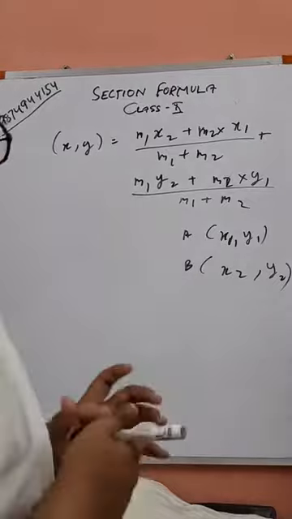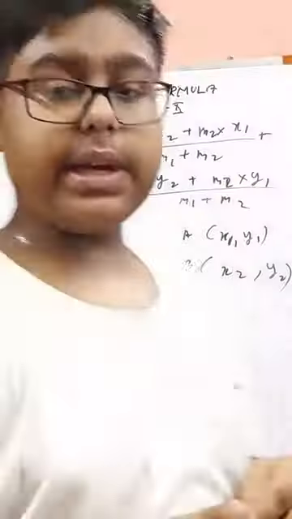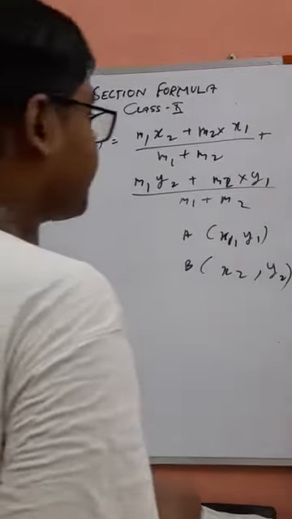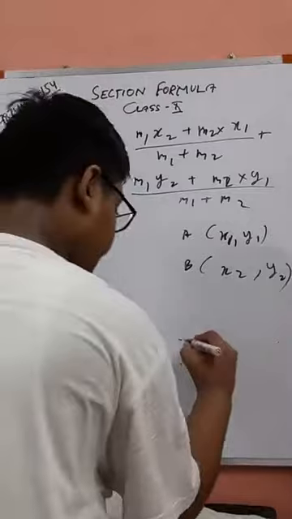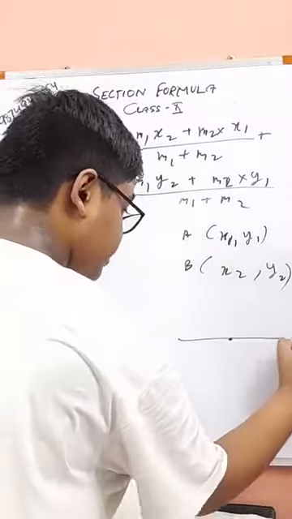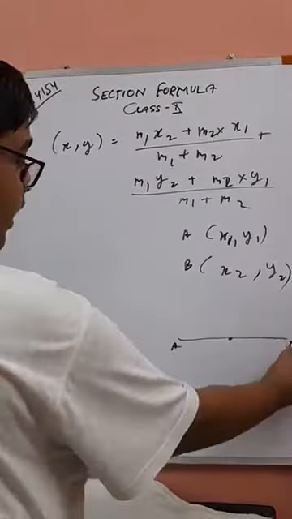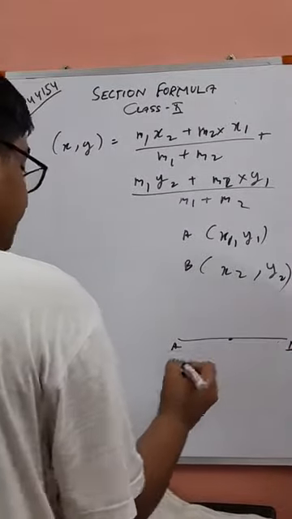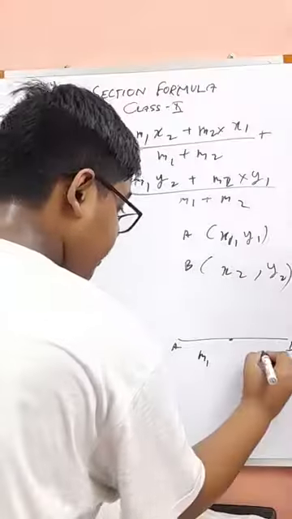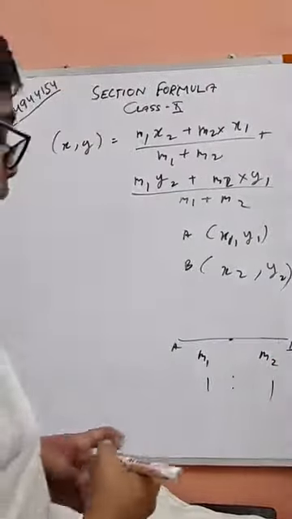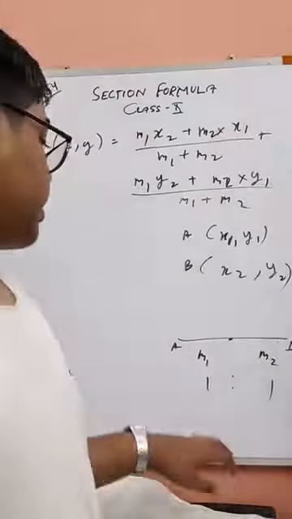Now from this formula only another formula which is known as the midpoint formula is found out, in which the ratio between them, midpoint means dividing into equal halves, means a, b, x1, y1, x2, y2. This is the midpoint. Therefore m1 and m2 should be equal to 1 is to 1. Therefore the ratio is 1 is to 1.